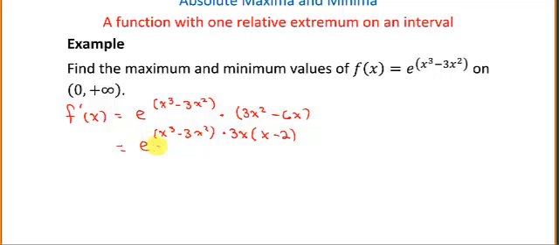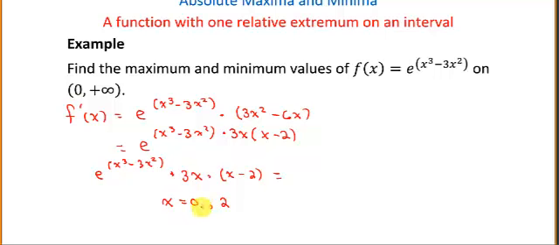This is always positive. So this expression will never be undefined, but where will it be 0? This factor is 0 when x is equal to 0, and this factor is 0 when x is equal to 2.